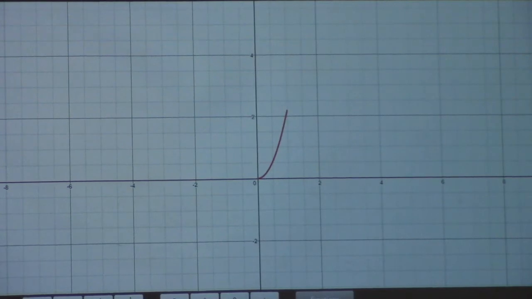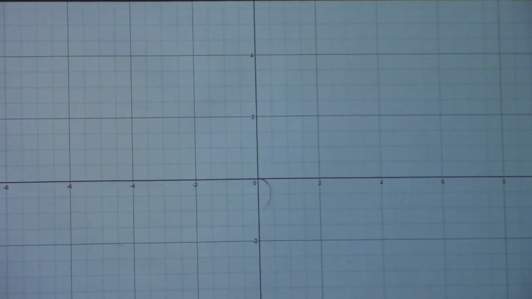Like t times cosine kt, and t times sine kt. Now, I use a slider k. I would love to put the slider directly in the domain. It won't let me do that, so instead I put it in the multiplier.